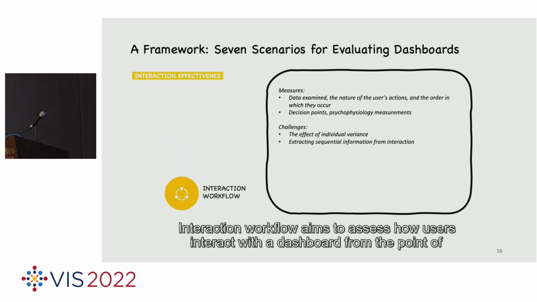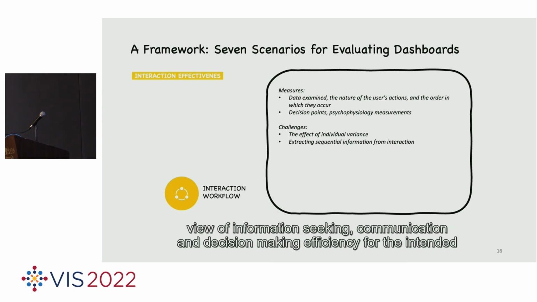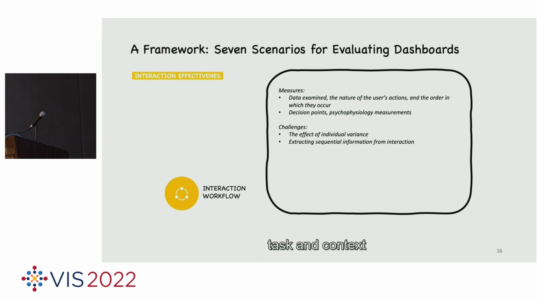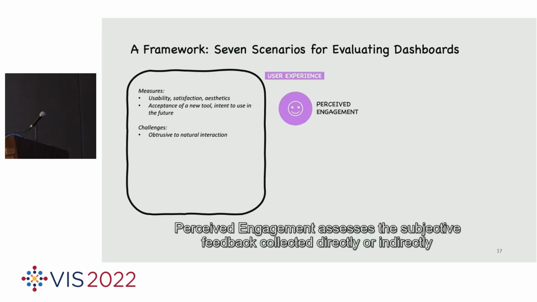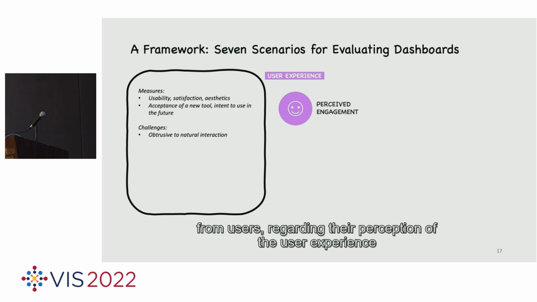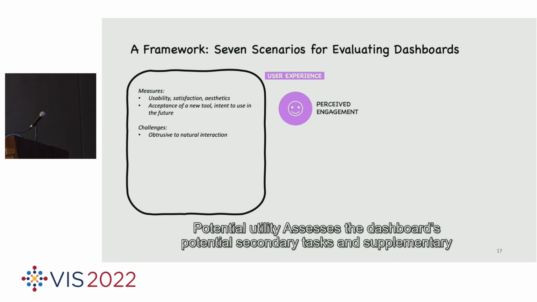Interaction workflow aims to assess how users interact with the dashboard from the point of view of information seeking, communication, and decision-making efficiency for the intended task and context. Perceived engagement assesses the subjective feedback collected directly or indirectly from users regarding their perception of the user experience.